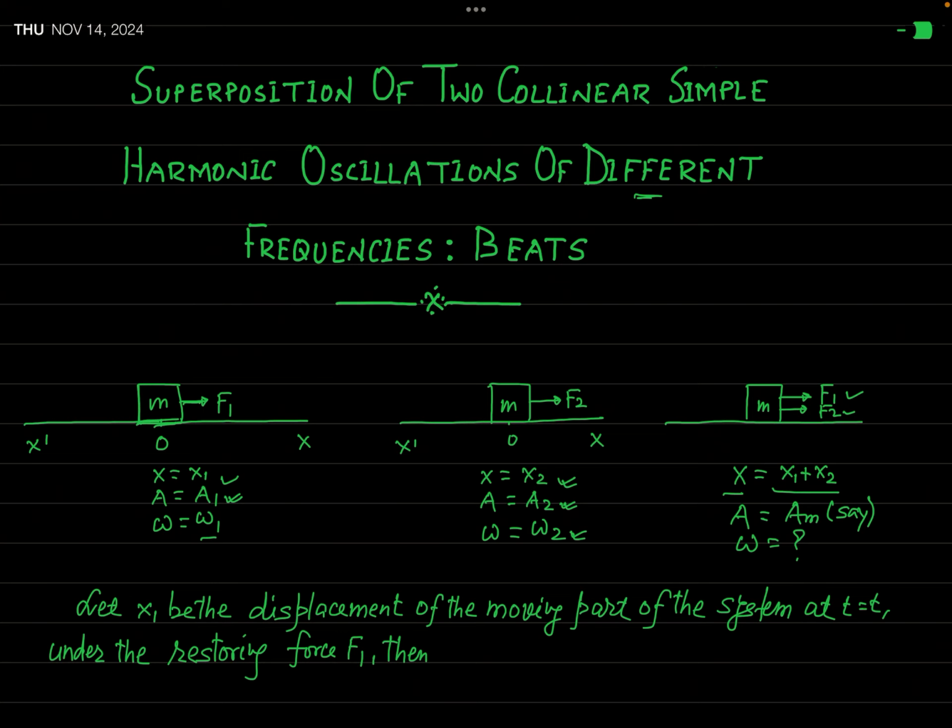Actually, when these two oscillations get superposed, a resulting oscillation is produced, and that resulting oscillation is called modulated oscillation. This is the process of modulation. And whenever you talk about two waves instead of oscillations, then we say that after the superposition of two harmonic waves, a resulting wave is produced, which is called modulated wave.